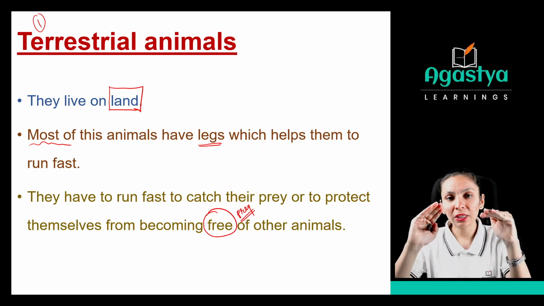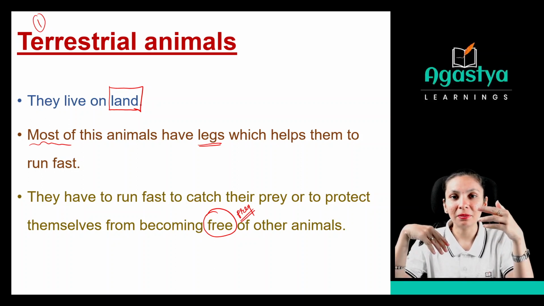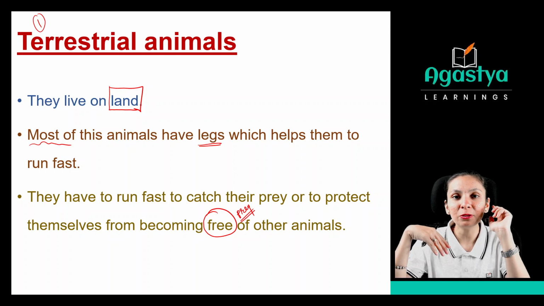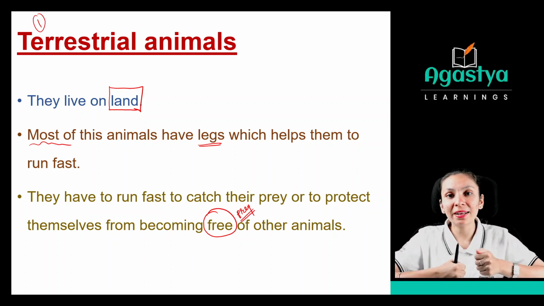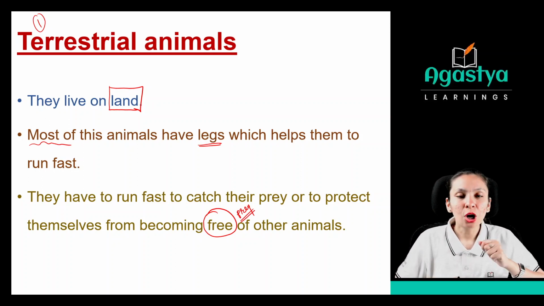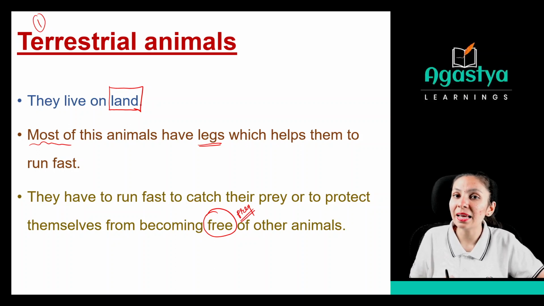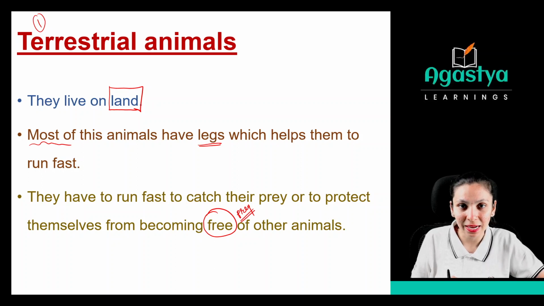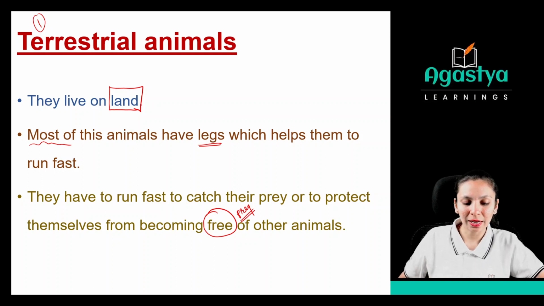Because if a large animal is there in front of you, how will you survive? You have to run very fast, no? So most of the animals have to keep themselves running, because so many animals are there which can hunt them. That's why they have strong legs.